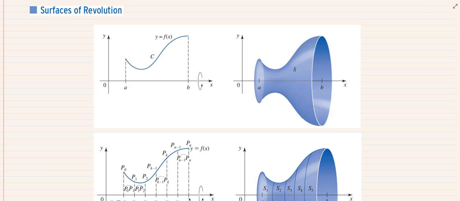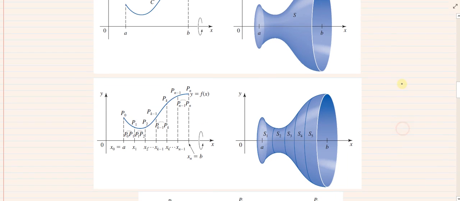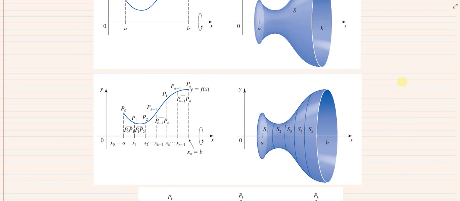Using the same ideas as for solids of revolution, we could partition the curve into sub-intervals. We can partition the interval from a to b into a regular partition, each with width delta x. And if you look at the curve when it's revolved, this is what you get for the first part, S1, from point P1 to P2.